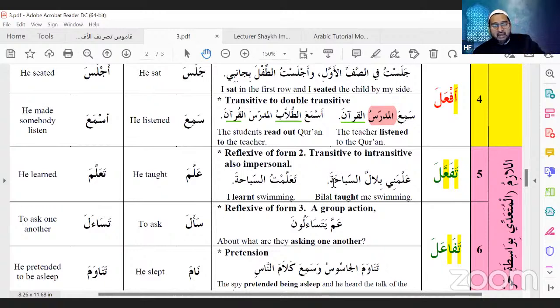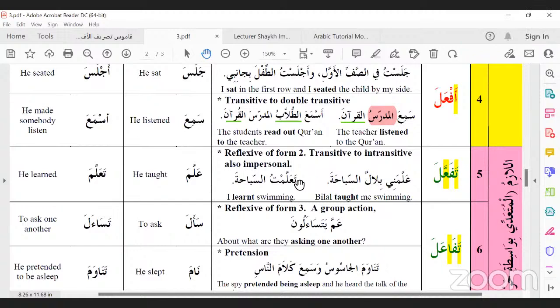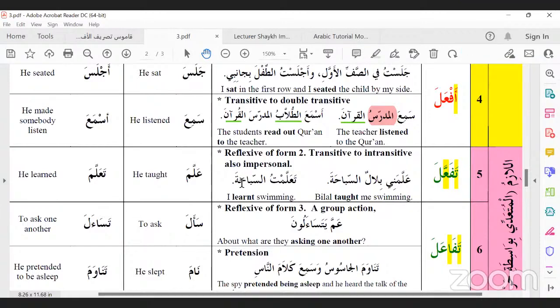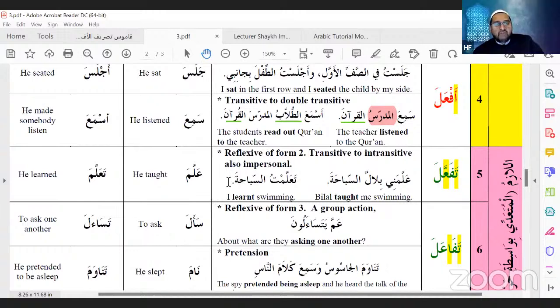So meaning that the action which someone was doing to me, the effect of it is being achieved. Ta'allamtu as-sibahata. I learned swimming itself. So that's what reflexive means. It means that it's a continuation of another verb's action and it's been achieved.